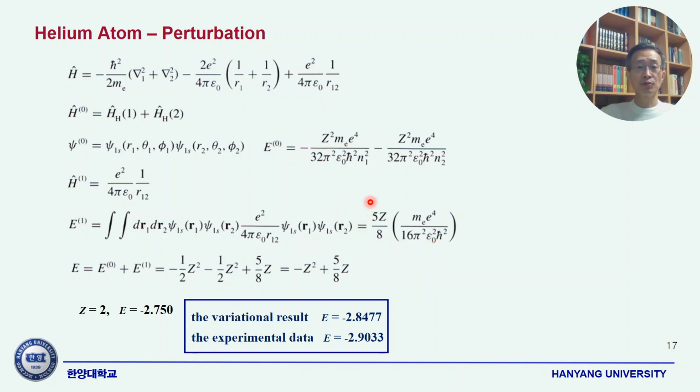So this plus this is your energy, and all this in parentheses is equal to 1, because all are in atomic units. So what you obtain is minus G squared over 5 over 8 Z. If capital G is 2, then this is what you get, minus 2.750.